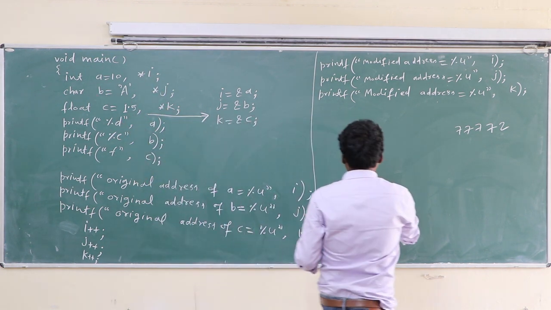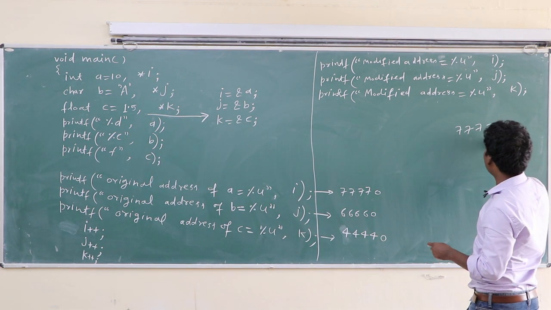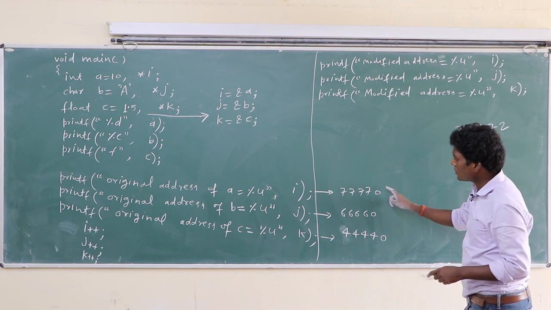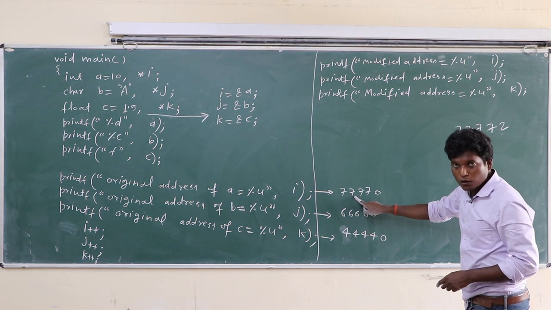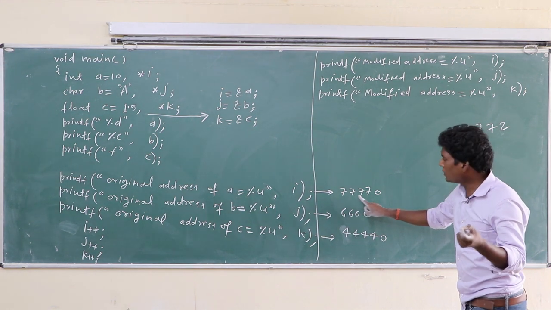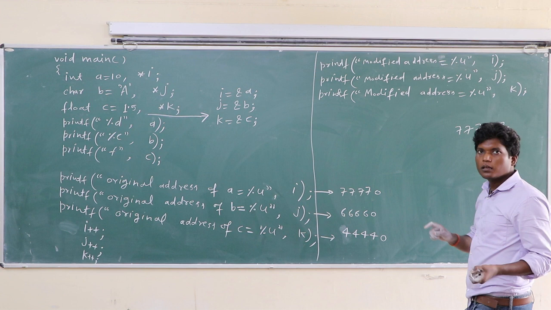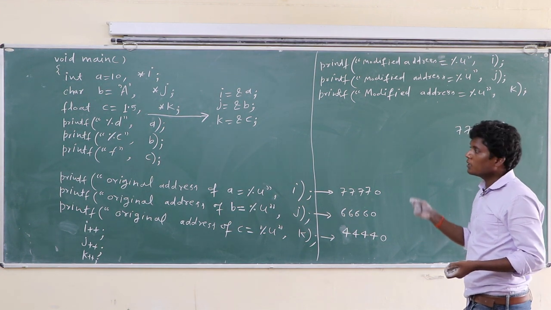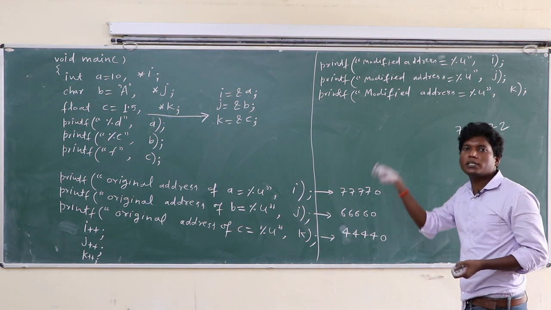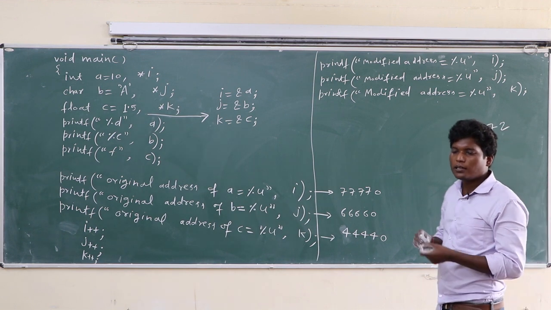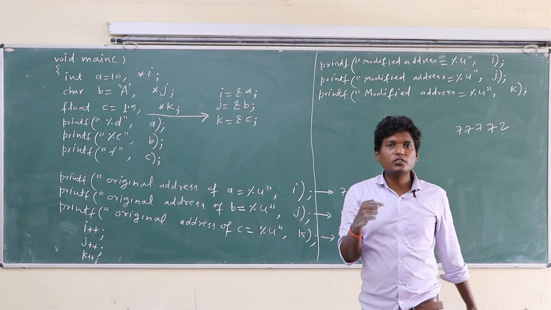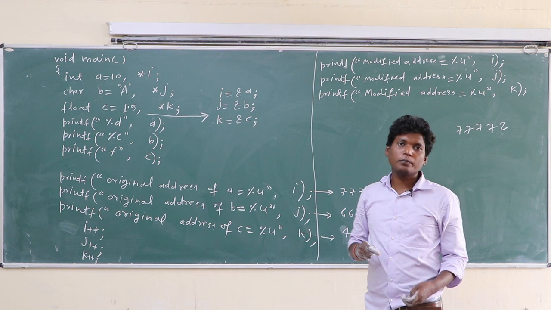So here 2 bytes are incremented. When you do I plus plus, it is incremented to 77772. Why 2? Because I points to an integer. That's why when it is incremented, it points to the next location of its type.